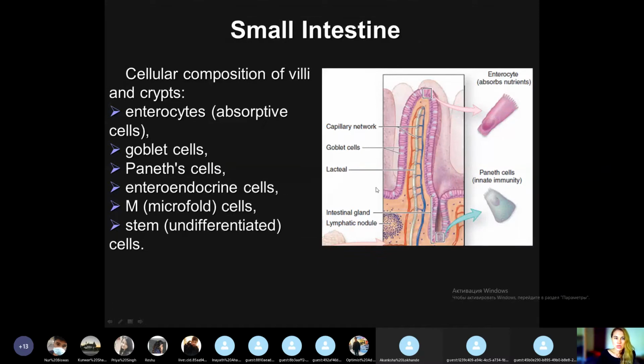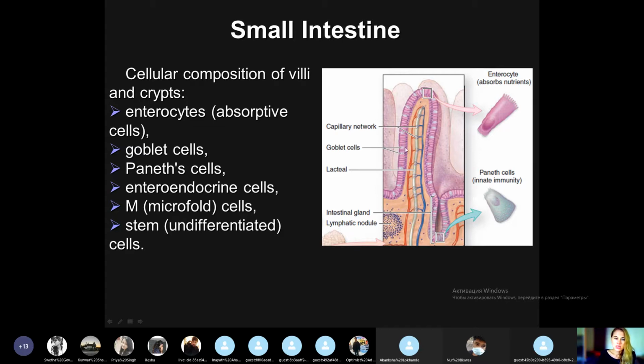Let's focus on the epithelium of the small intestine. The cells of the small intestine are enterocytes. Now we will talk about the common cellular composition of the crypts and villi. Enterocytes, the most numerous cells, we can find in both villi and crypts.